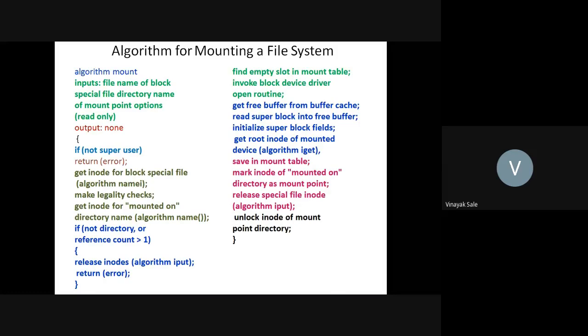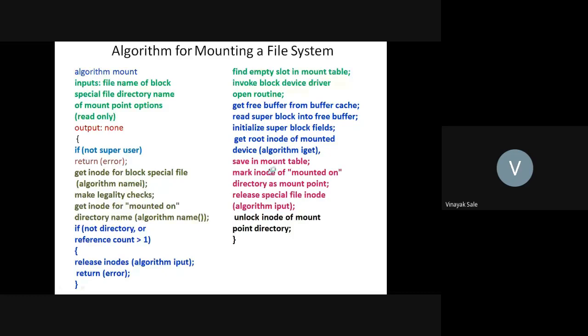Find empty slot in mount table. Invoke block device driver open routine. Get free buffer from buffer cache. Read super block into free buffer. Initialize super block fields. Get a root inode of mounted device with the help of iget algorithm.